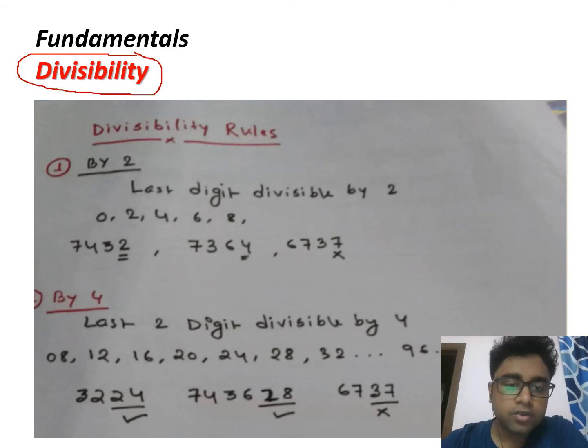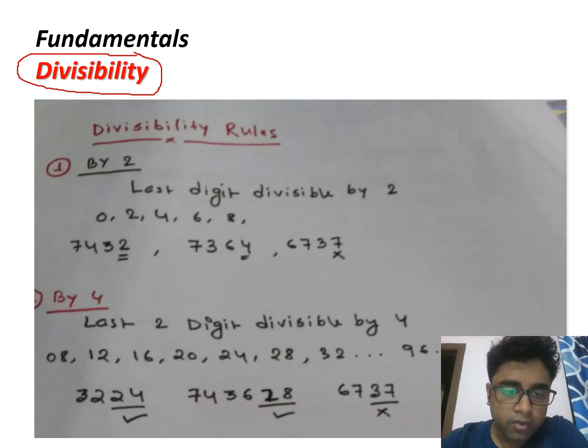First we will check whether a number is divisible by 2 or not. For a particular number to be divisible, the last digit of the number should be divisible by 2.